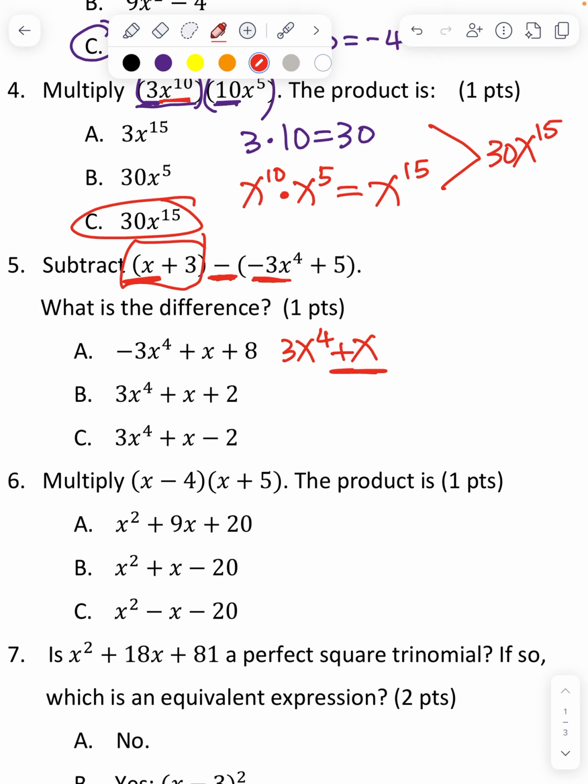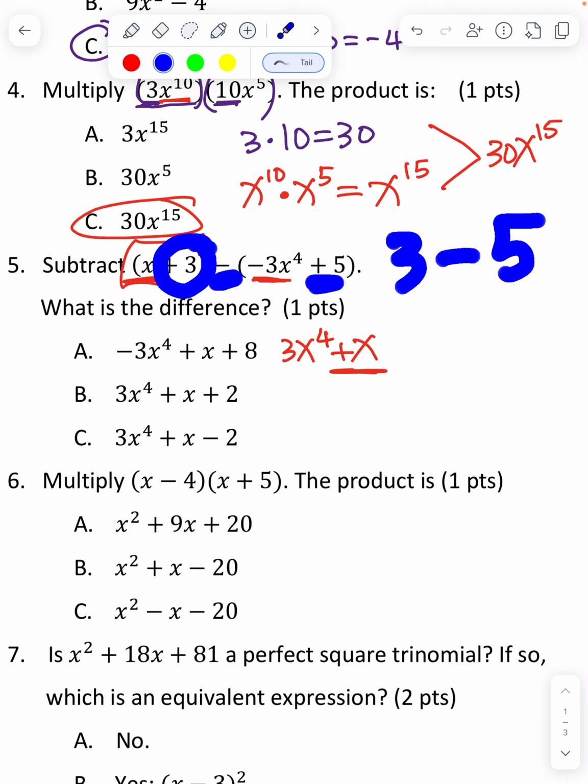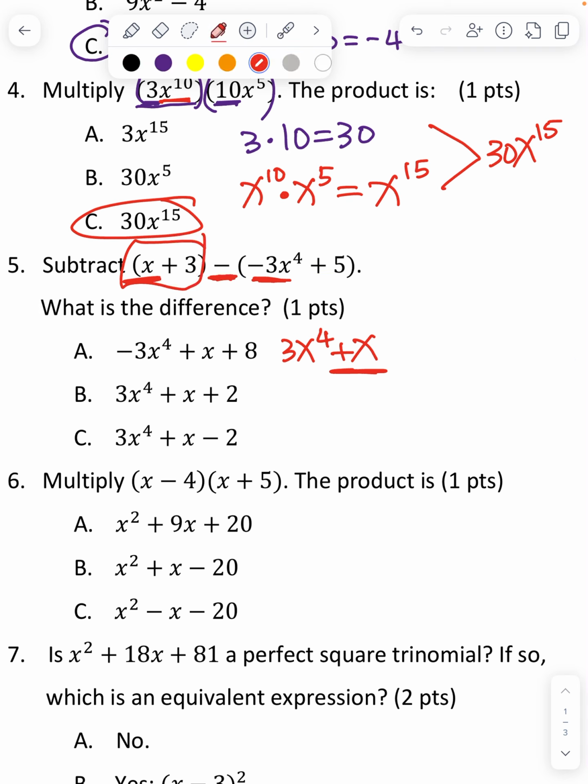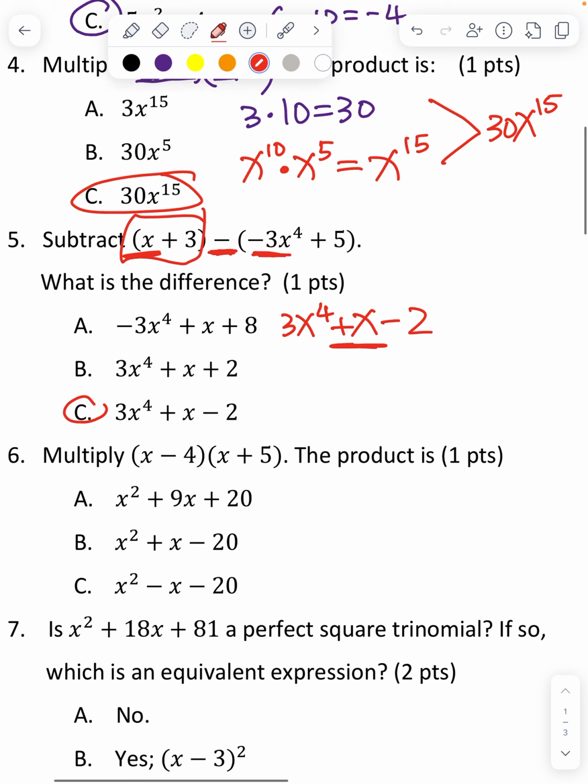Then I'm going to deal with the number. Positive 3 minus positive 5. 3 minus 5, that's negative 2. So the correct answer is C.